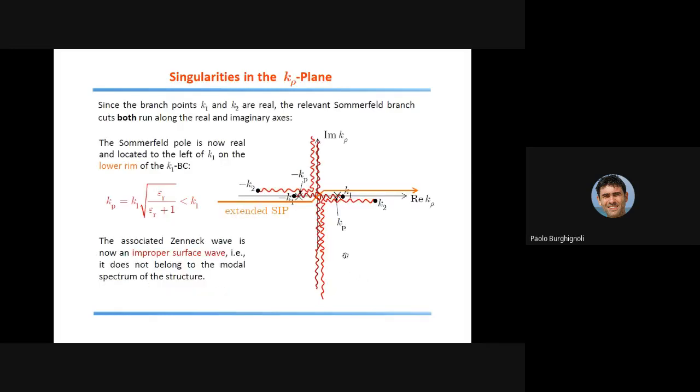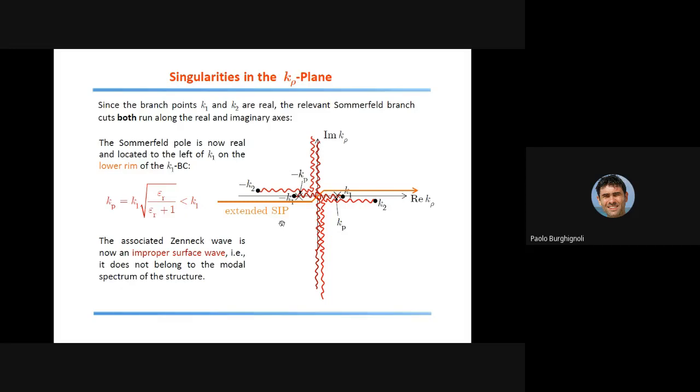So what we have is two pairs of branch points, one originating from the wave number in the upper medium, k1, which is now smaller than the wave number k2 in the lower medium. And we are able to extend the integration limits from minus infinity to plus infinity, thus integrating along this orange path, which is the extended Sommerfeld integration path.